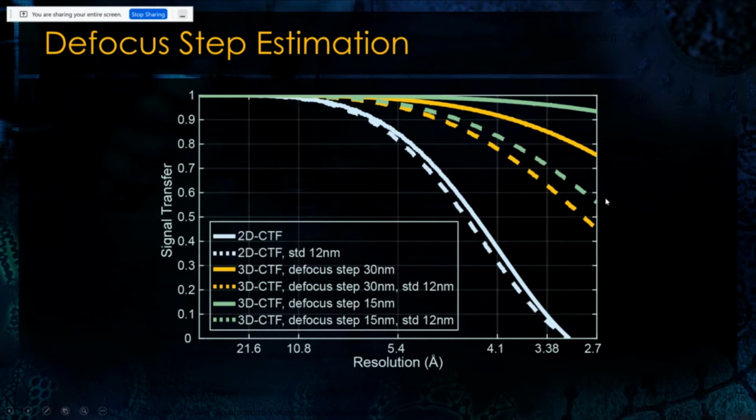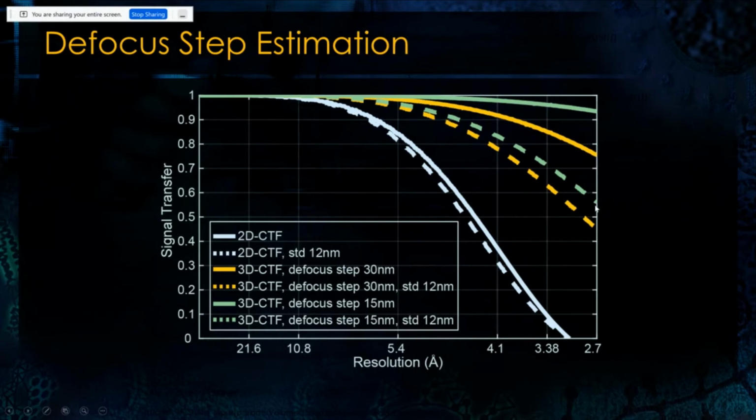And then we simulated it for different slab thicknesses. We tried 30 and we tried 15. This would be with the ideal estimation, but as I said, more realistically it would be this.